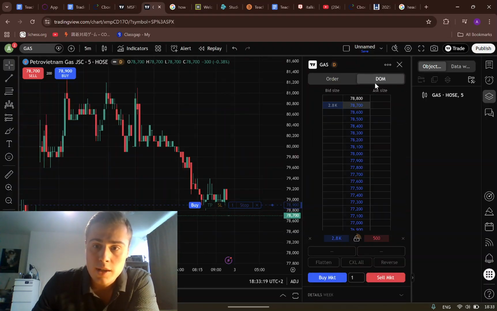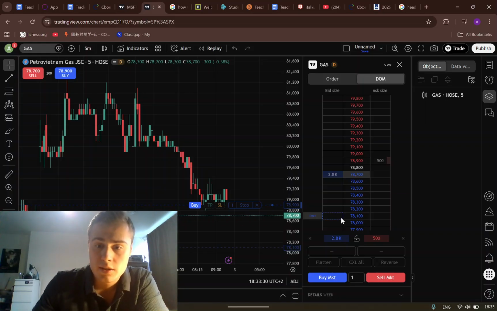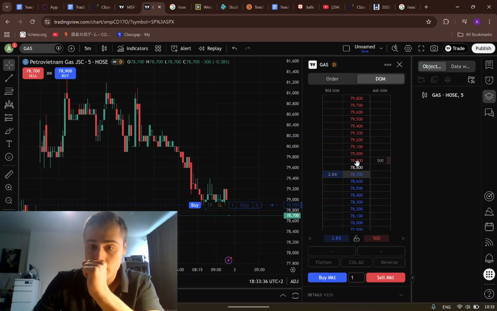We have the depth of the market, which shows us the limit orders, stop orders, so basically the bid and ask sizes. We can see here that people will go sell if the price hits 78,900. 500 orders are placed here.